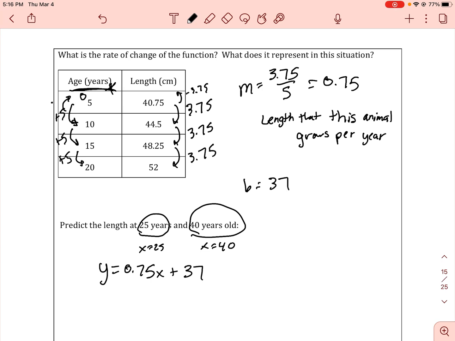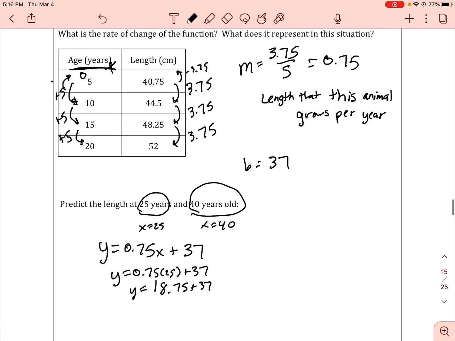So now what I need to do is substitute 25 in for x, and I'm going to do 0.75 times 25, and that gives me 18.75, and then add 37 to get 55.75 centimeters.